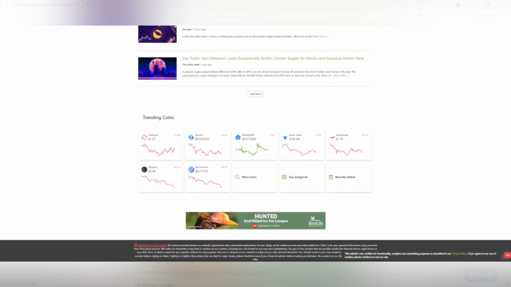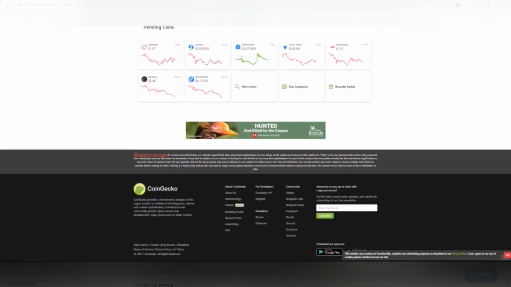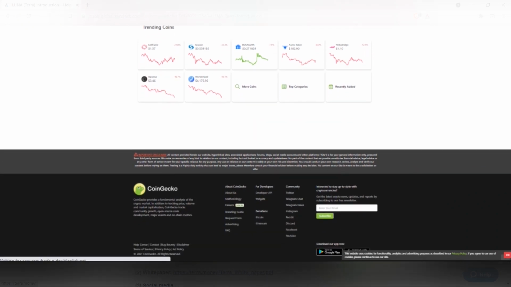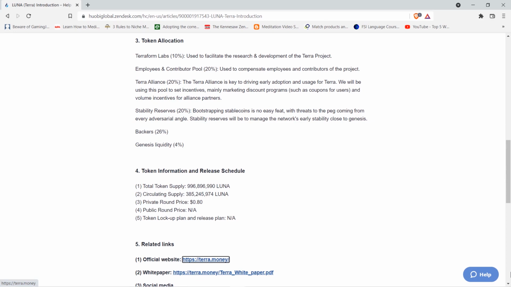So 10% of what was originally minted, which I couldn't find easily. Getting to this token allocation wasn't super simple. Like with most of the projects that I've researched, it's usually just boom, the information's there and it's obvious. With Terra, I really had to dig through information to get to this.